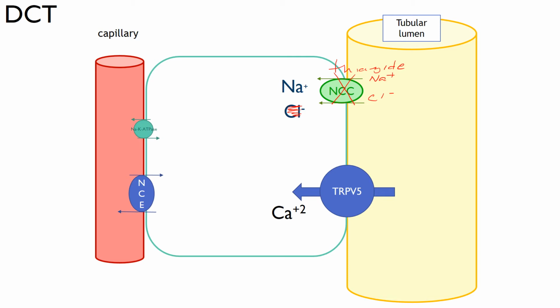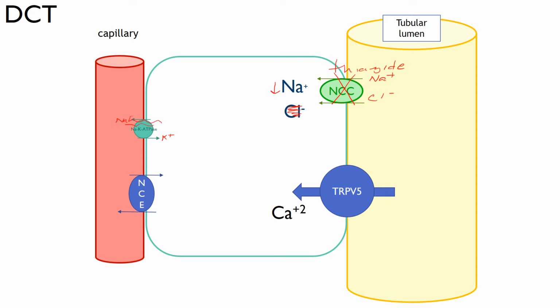So if we have less sodium inside the cellular compartment, that means that normally sodium would get pumped out of the cell using the sodium potassium ATPase in exchange for potassium. But this process is now diminished.